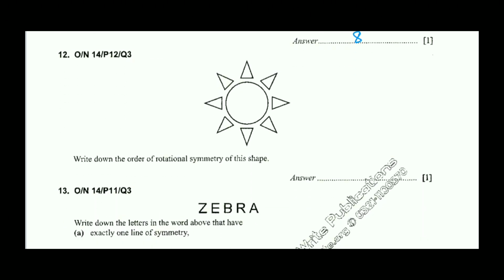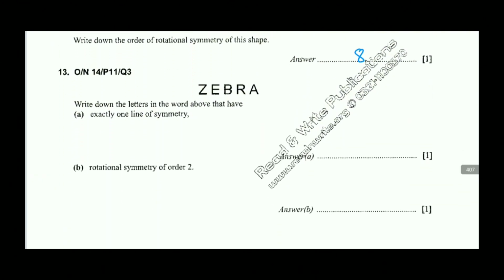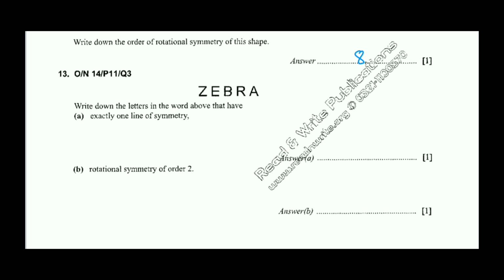Next question. Write down the order of rotational symmetry of this shape. This is the same question. Write down the letters in the word above that have exactly one line of symmetry. As I told you about the lines of symmetry of alphabets in the previous video, exactly one line of symmetry is of E, A, and here you can also see that in B both these bars are exactly the same.